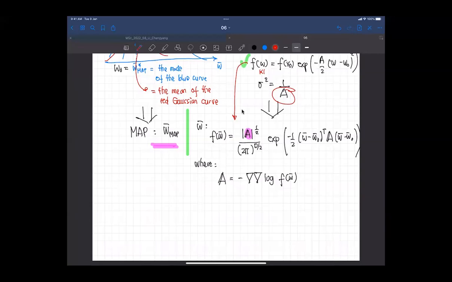If it is a scalar function, A was minus d squared by dW squared of log f of W. So this is the definition of A we obtained last week. This one only changes W from a scalar value to a vector, but it's the same thing, only the second derivative.